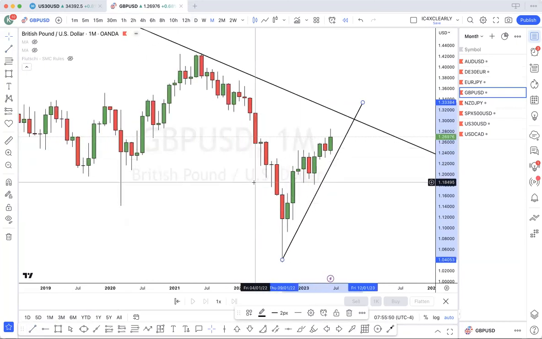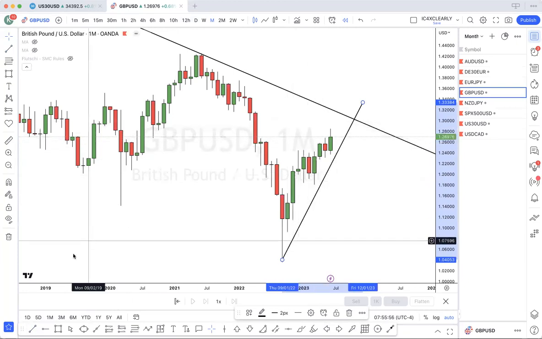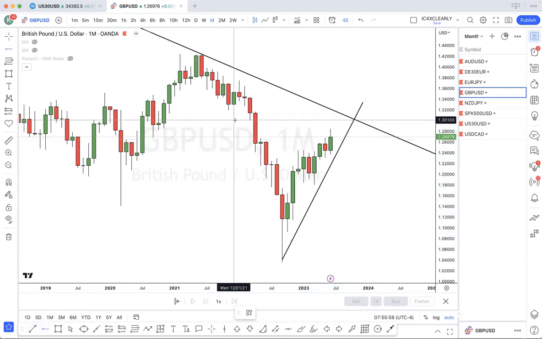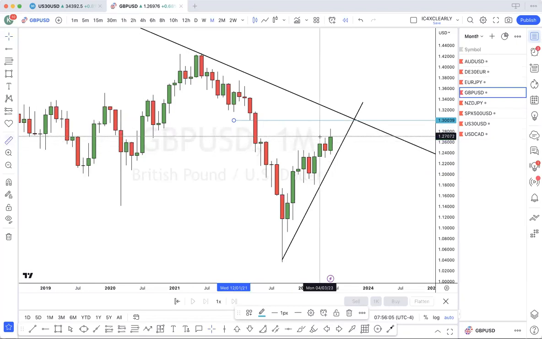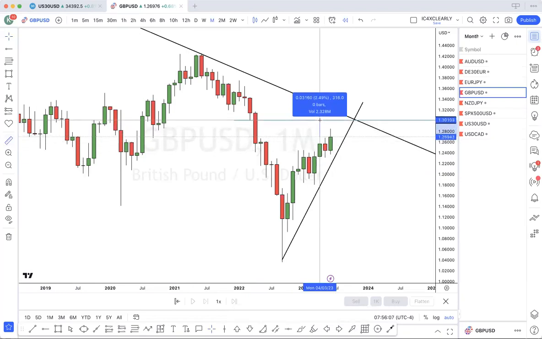So we might get a little retracement to fill this imbalance, which is approximately 300 pips to that imbalance for the month.